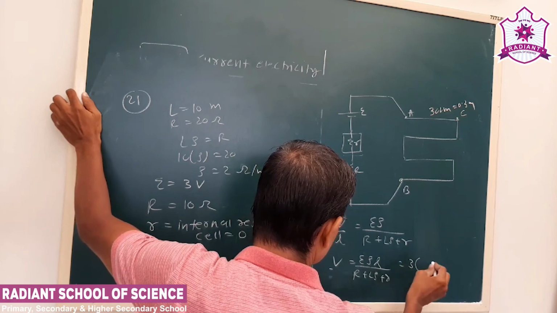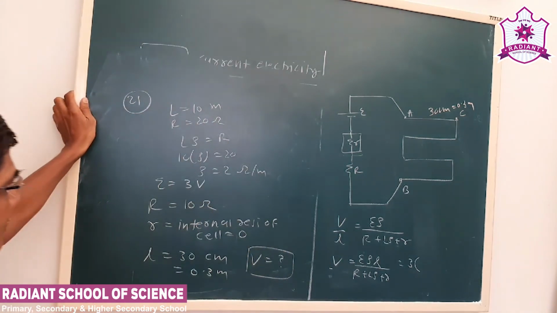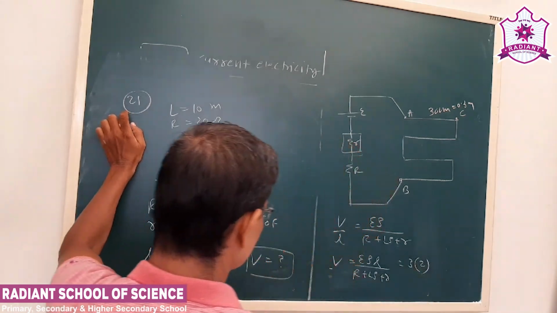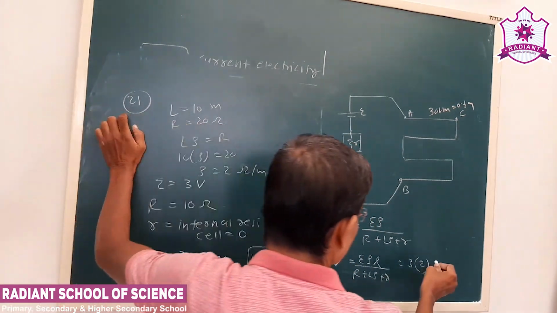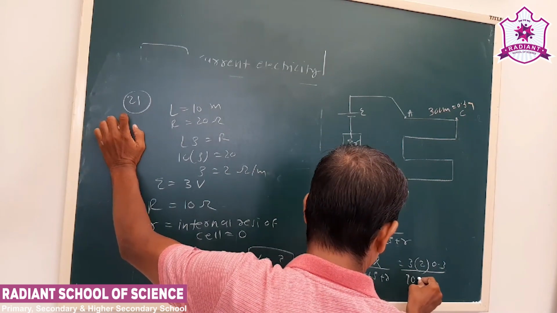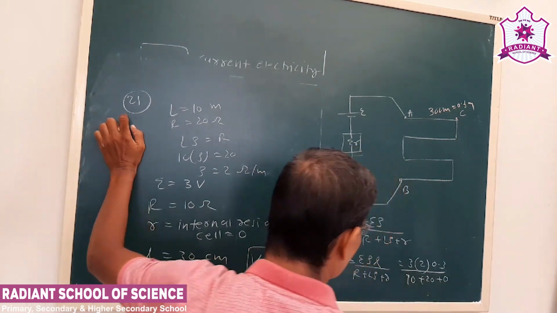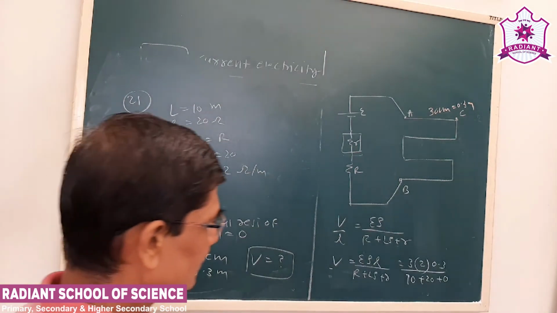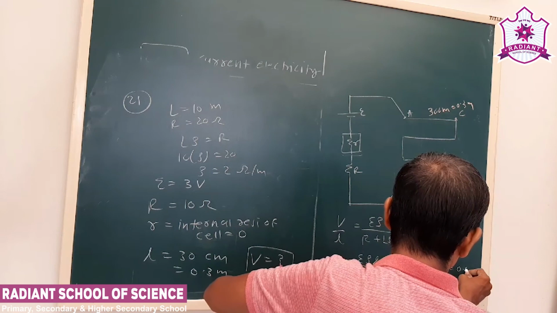Now here E is the EMF is 3 volt, rho is 2, L is 30 centimeter, that is 0.3. R is how much? 10, L rho is 20, and here we have to neglect the internal resistance. So if we solve this, we will get 0.06.